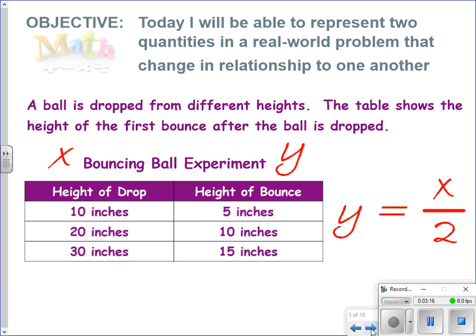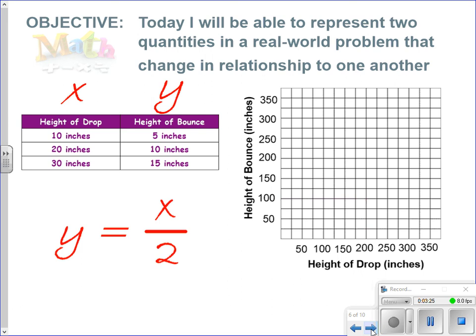Now that we know the relationship between our x and y variables, we can graph them. Notice that our independent variable is on our x-axis, and the dependent variable is on our y-axis.